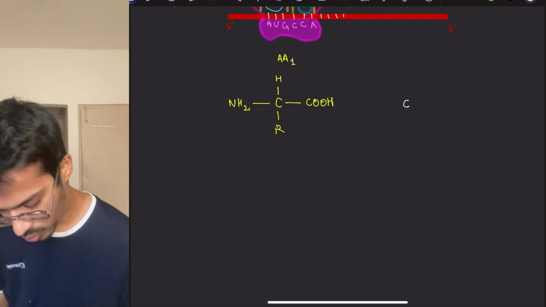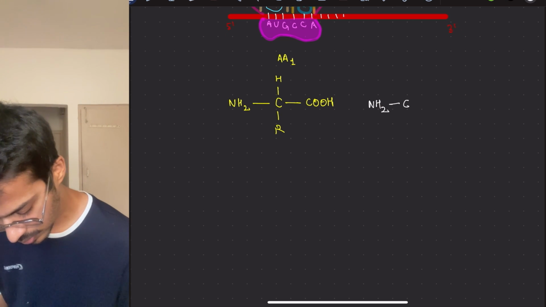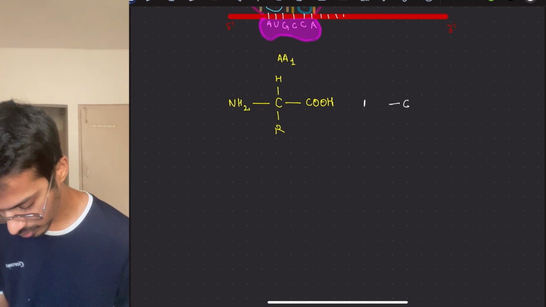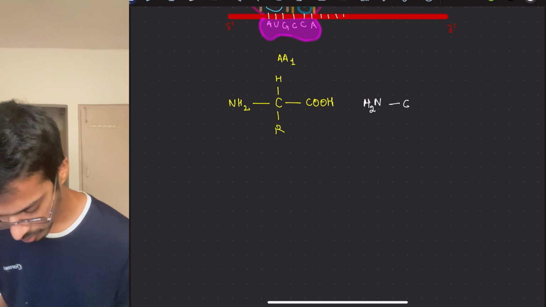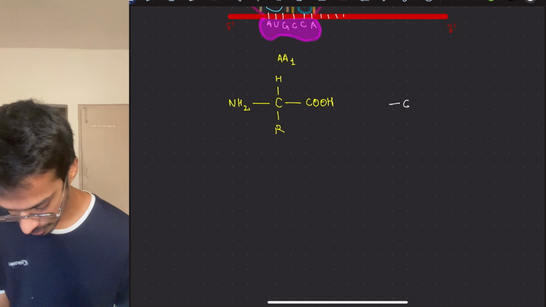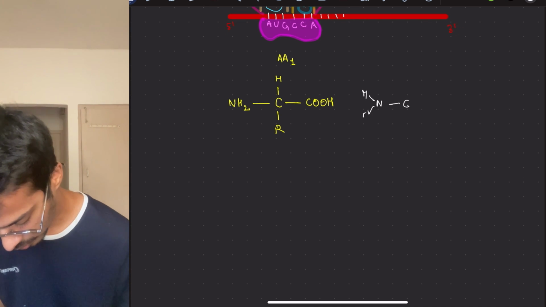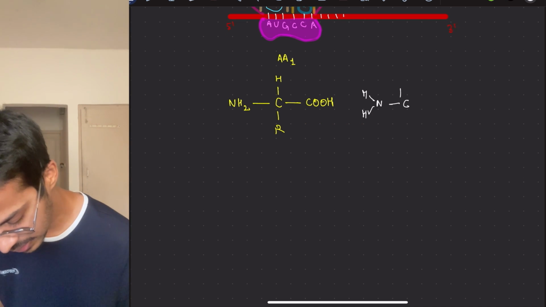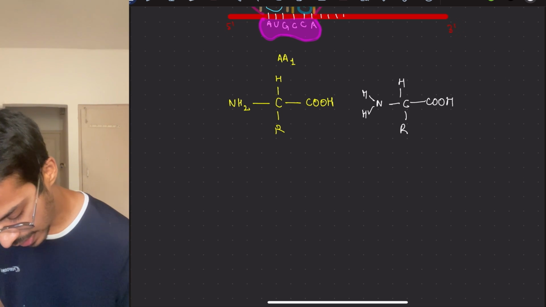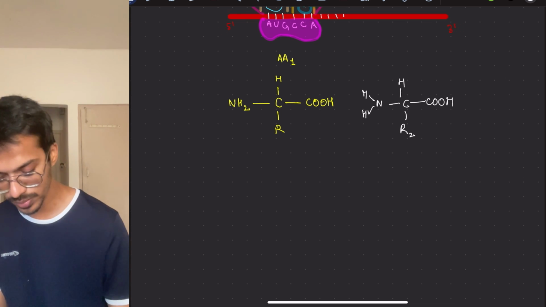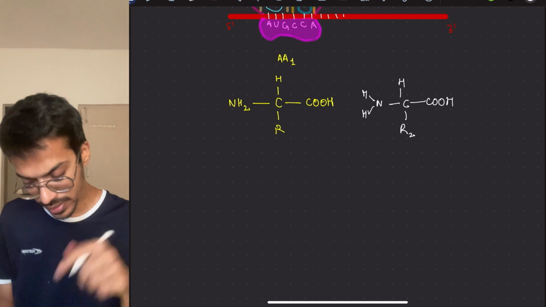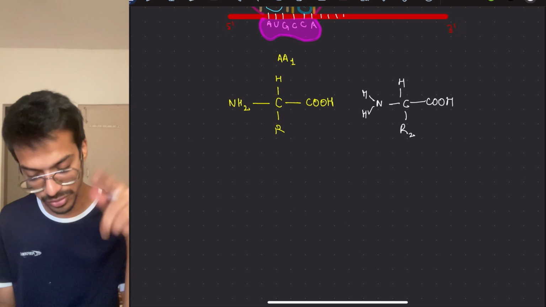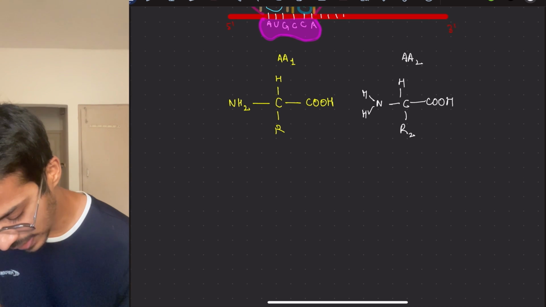Similarly, there will be another over here: this ammonia, H, COOH and R. This is amino acid 2.